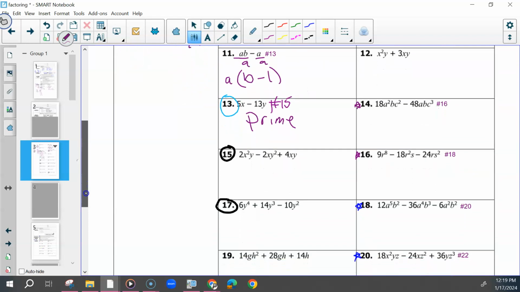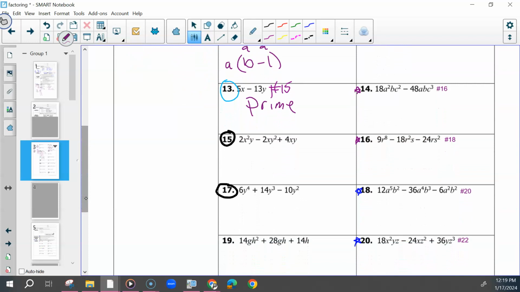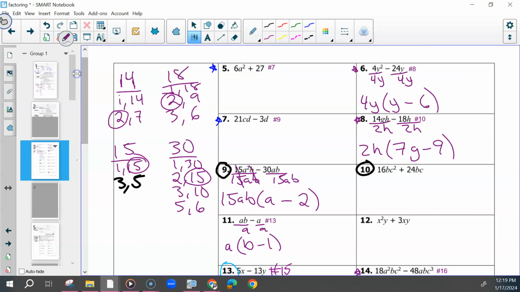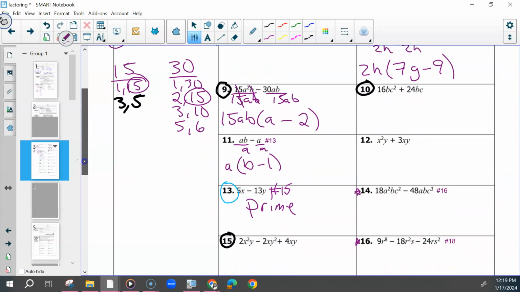Let's try 14. I already have my factors of 18 up here, so I'm not going to redo that one, but I will do 48.